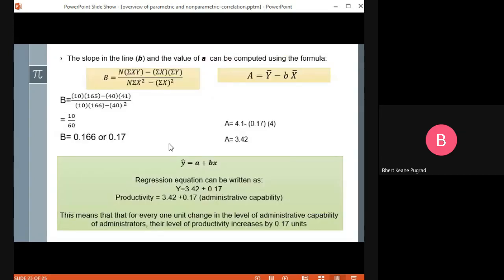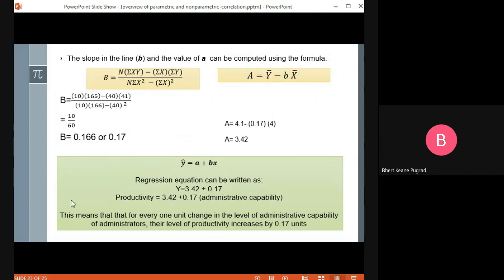So substituting in the formula, what we got is y hat is equal to a plus bx, where a is 3.34. And b, or the slope, is 0.17. So this means that the productivity score is 3.34 plus 0.17 times administrative capability.